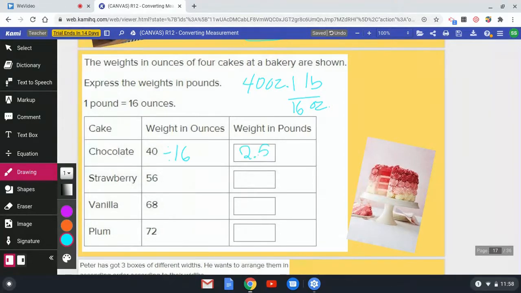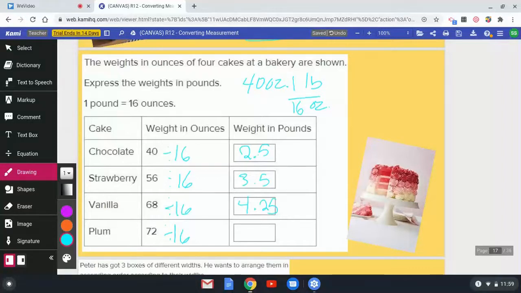Now it's going to be the same for all of these. So in your calculator, divide those by 16. The next one, you should have gotten 3.5. The next one, 4 and 25 hundredths.